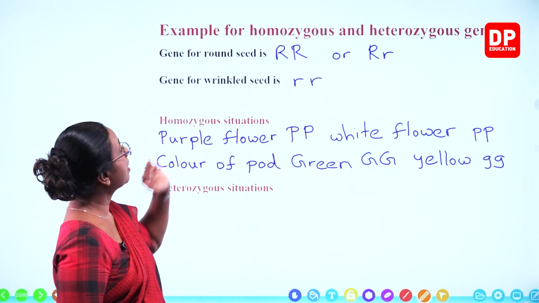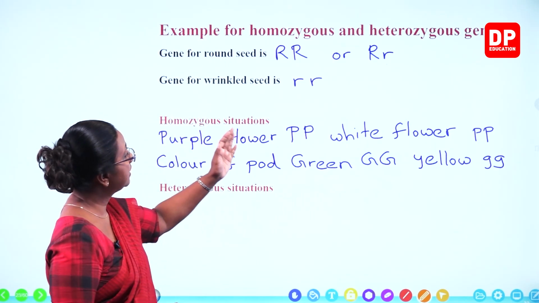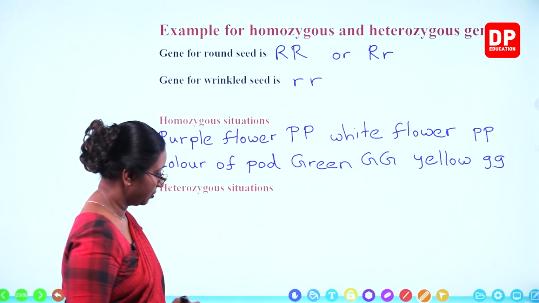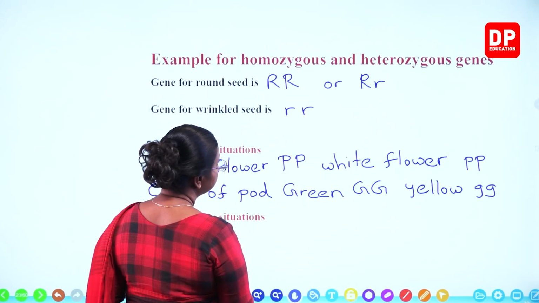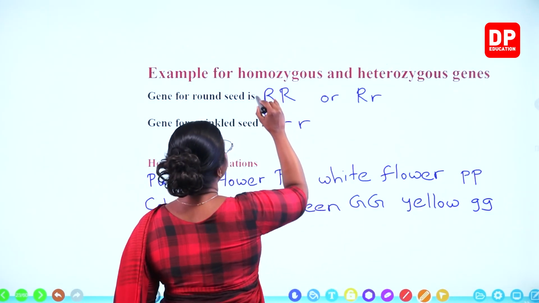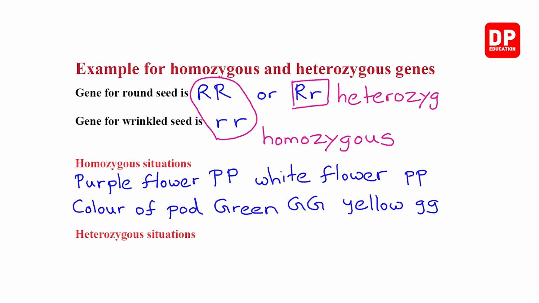Same goes for round seed: capital R, round seed. Wrinkled seed, small r. That is also a homozygous situation. So here, these two are homozygous and this one is heterozygous.